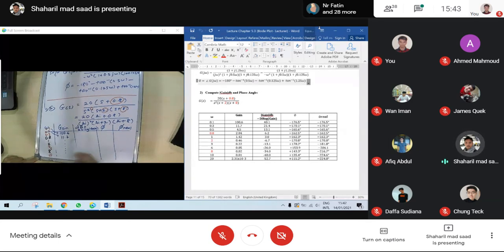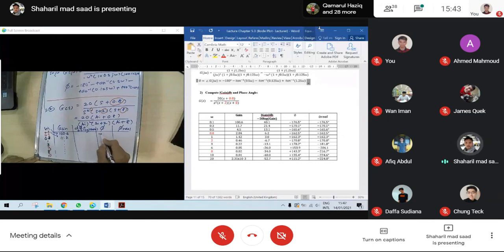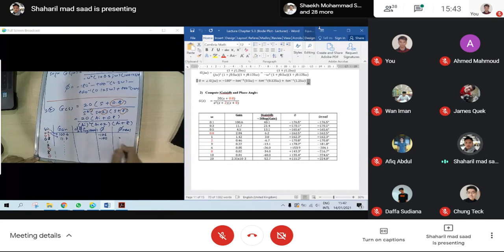And then for the phase angle, you got minus 176, minus 170. Maintain for the negative. For the positive, you need to minus 360, for example 178.2 minus 360.